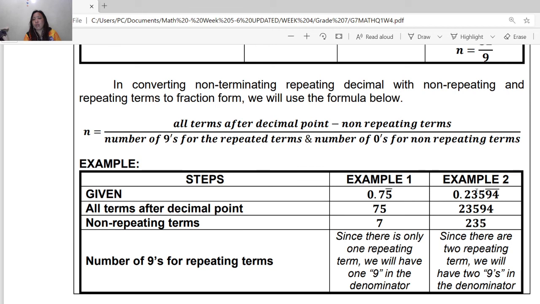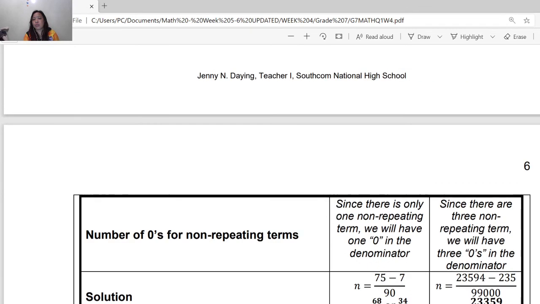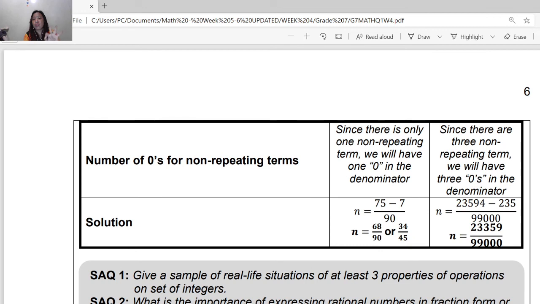Non-repeating terms, ito yung hindi nagre-repeat. These are the non-repeating terms, 235. Since there are 2 repeating terms, you have also 2 nines, and since there are 3 non-repeating terms, you have 3 zeros in the denominator.